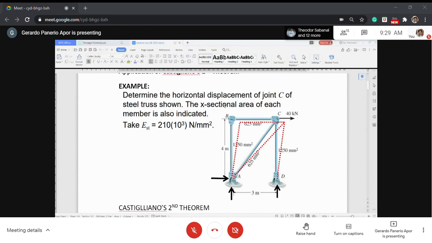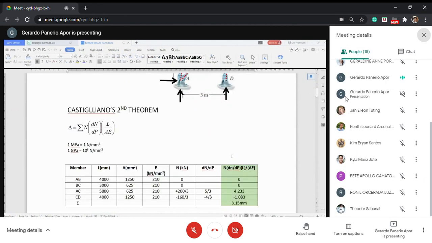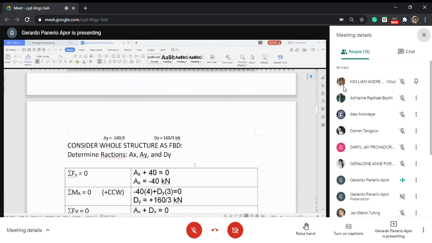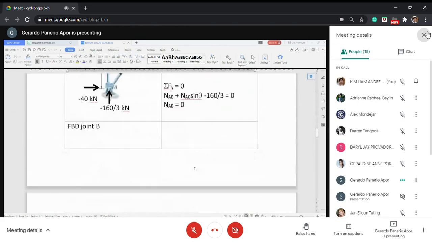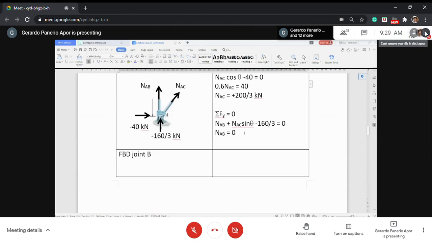Now, the answer is, because you are looking for horizontal, then P should be applied horizontally at C. Because you assume that the direction of the deflection is going to the right, then P must go to the right. Okay. So, the second step is you apply a load P like this, because you are interested in determining the displacement at C.